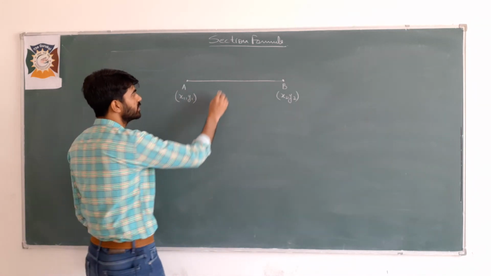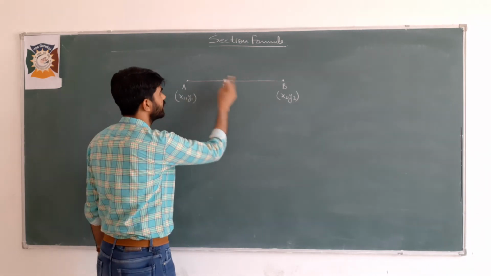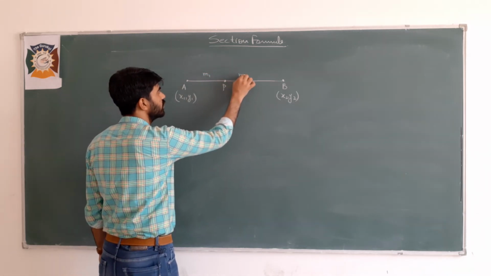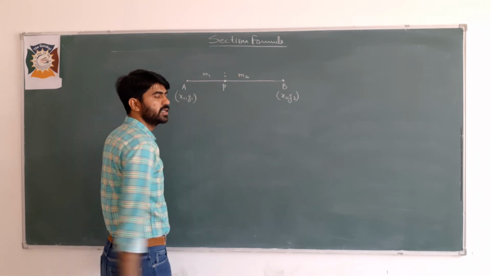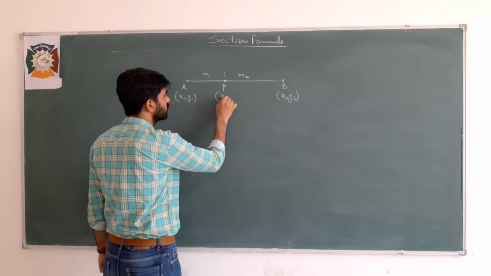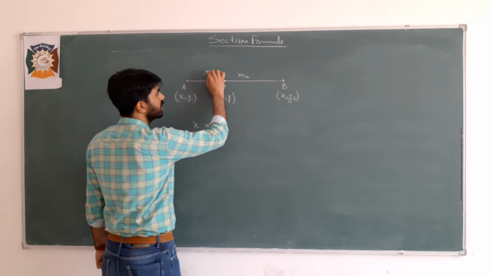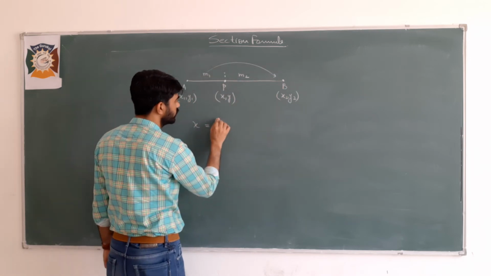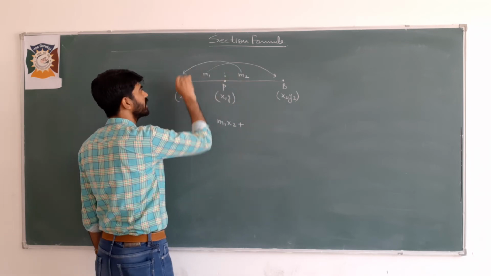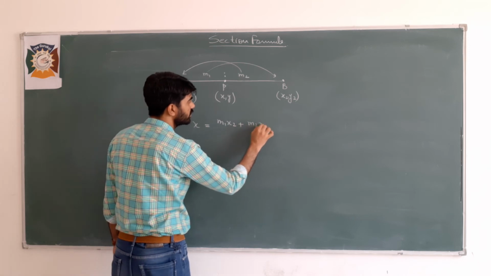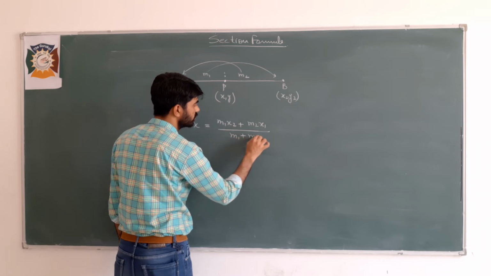Then the coordinates of point P which divides this line in the ratio m1 is to m2, and if the coordinates are given by x and y, then x is equal to m1 into x2 plus m2 into x1 by m1 plus m2.